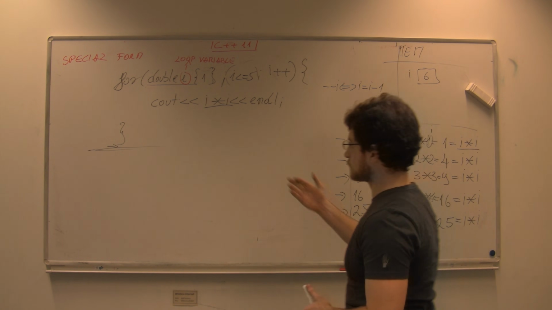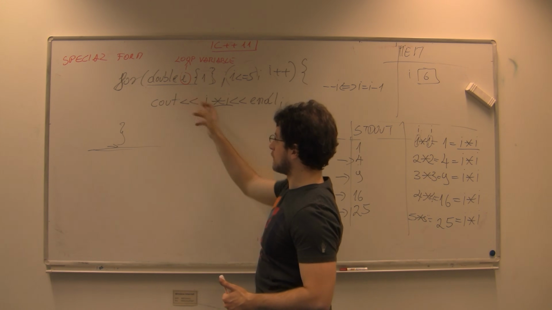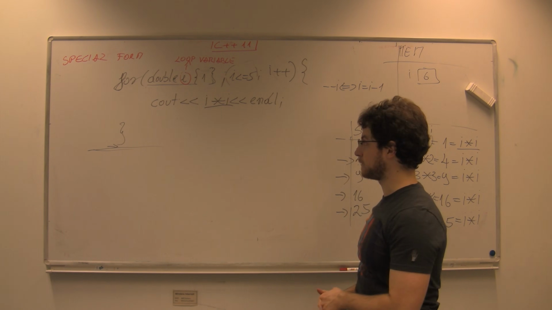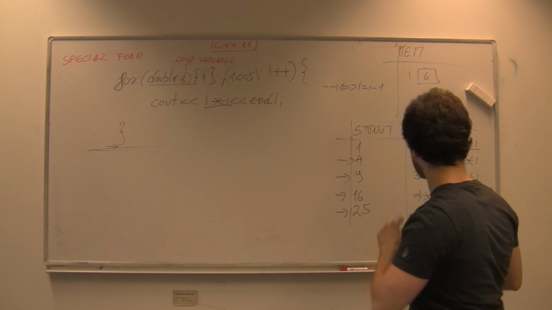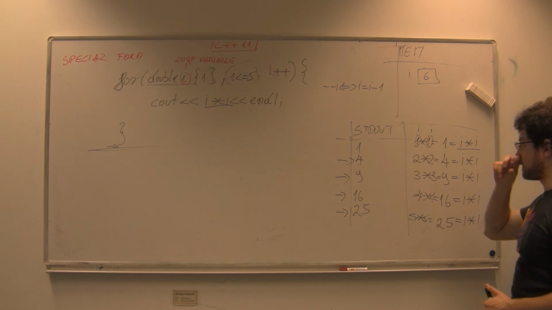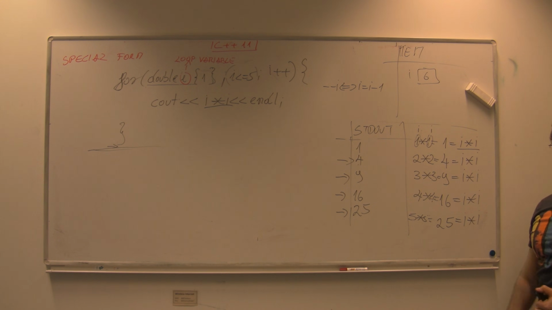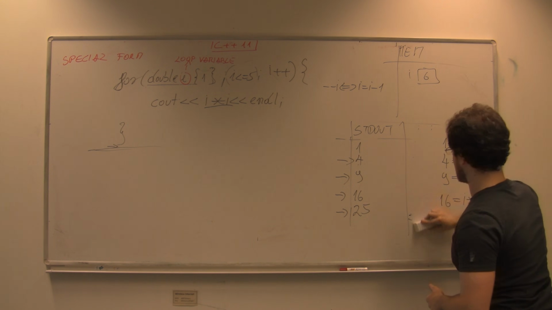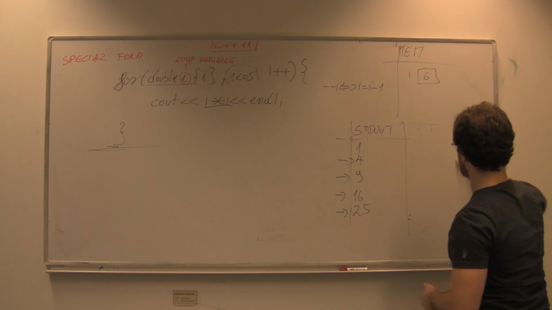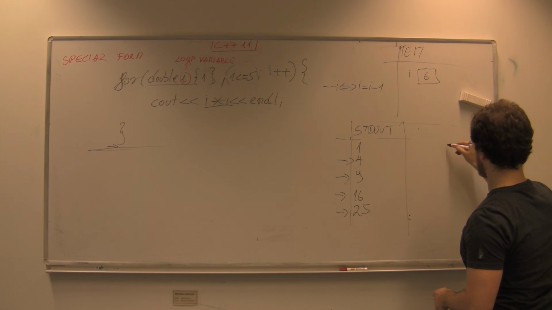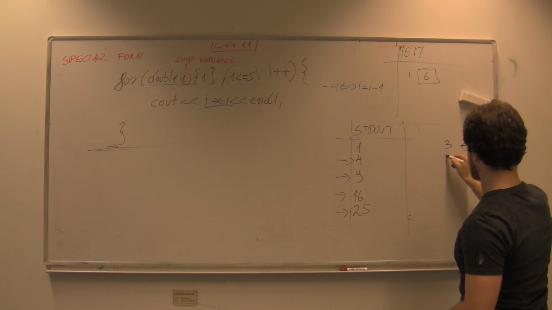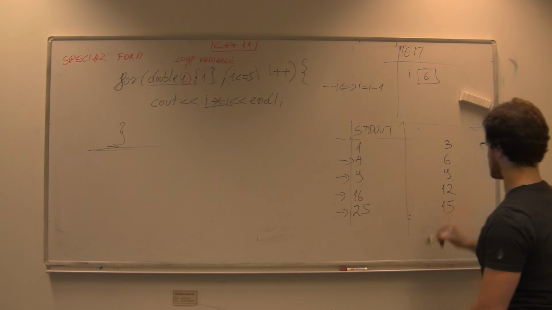So we can do many interesting things by using or abusing these loop variables. A very similar idea to this one is to print out the first 5 multiples of the number 3. For example, such multiples would be 3, 6, 9, 12, and 15.